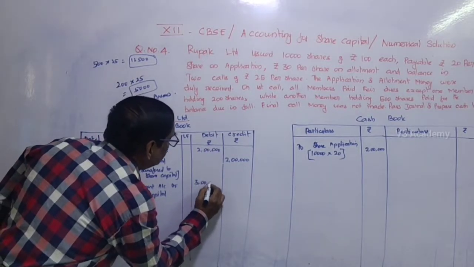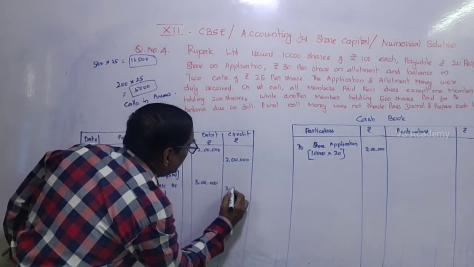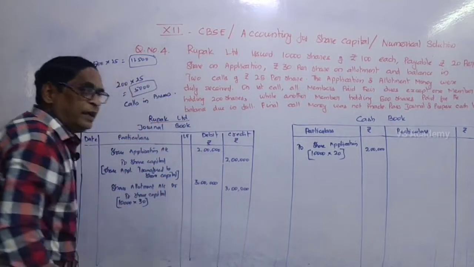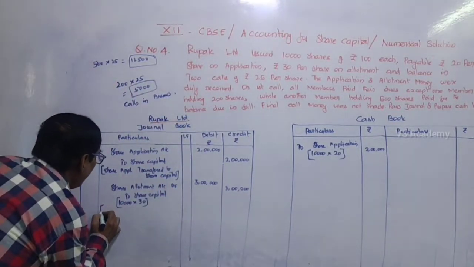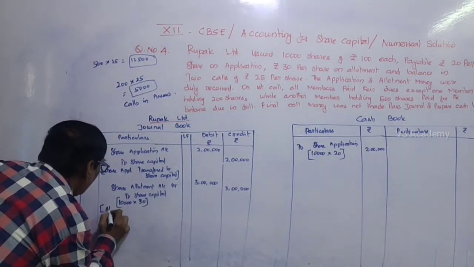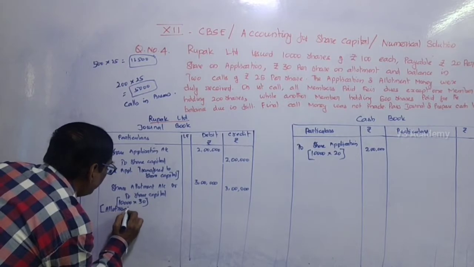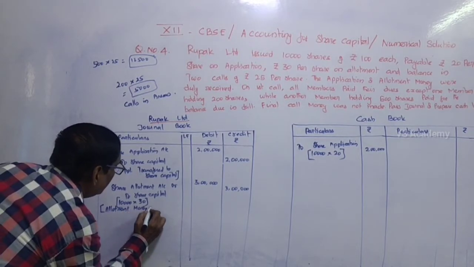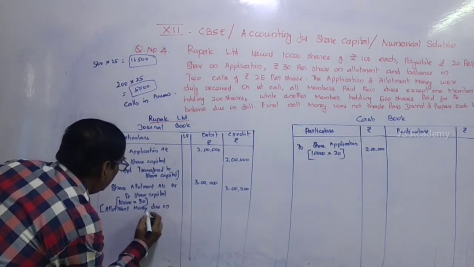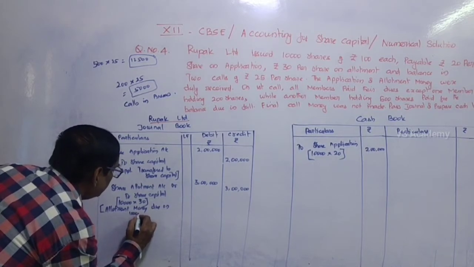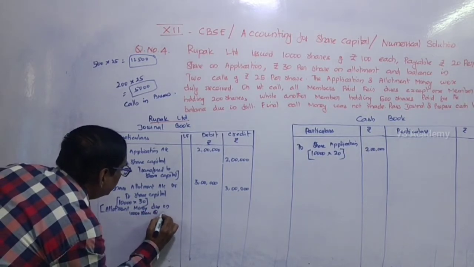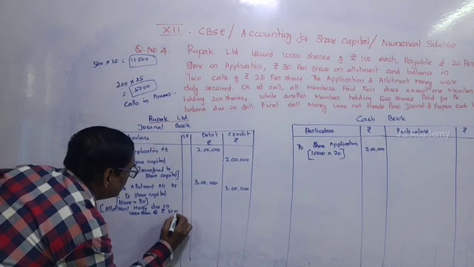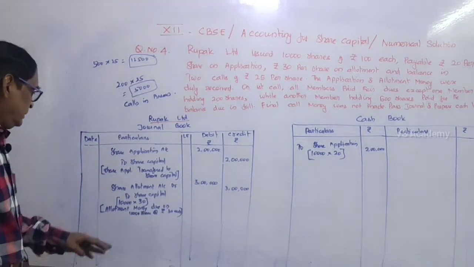This is a due entry we have to pass. So narration we have to write: allotment money due on 10,000 shares at rupees 30 each.